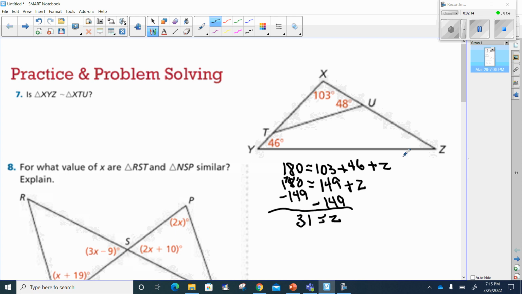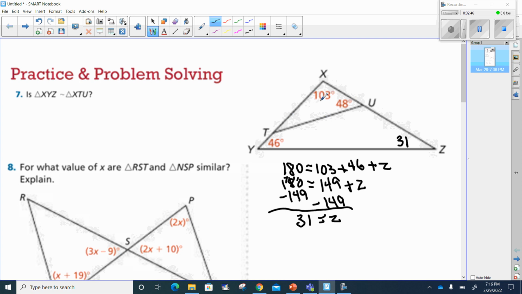So that means z is 31. Now we have to say, can these possibly be similar? If this is 103, and this is 46, and this is 31, none of those equal 48. And since all triangles have to equal 180, we know we're not going to get the same number over here because we don't have either of these as the same number over here. So I'm going to say no.